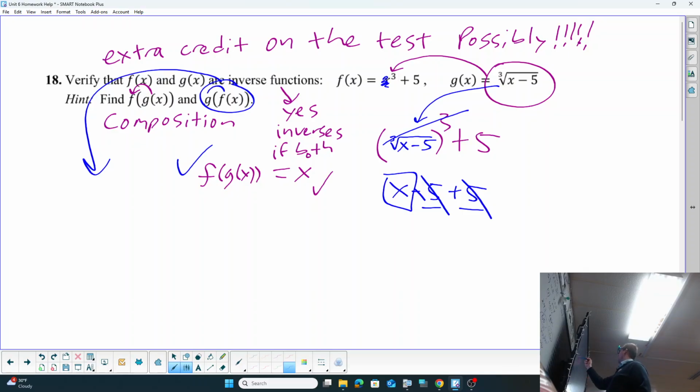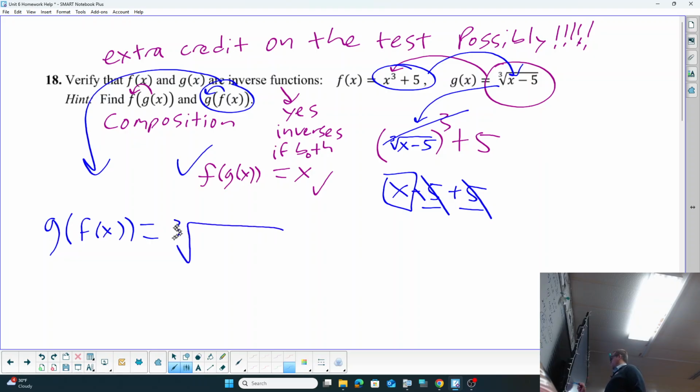So now we're going to plug f into g. Now we're going the other way. We're taking x to the third power plus 5 and plugging it in there. So now we have g of f of x, and that's going to be the third root of x minus 5.